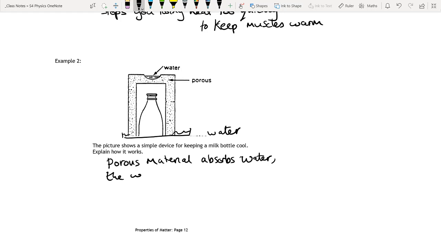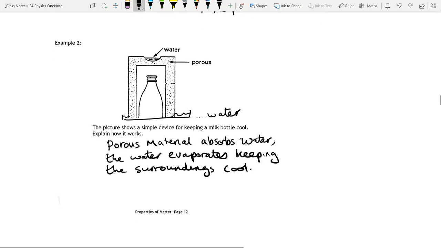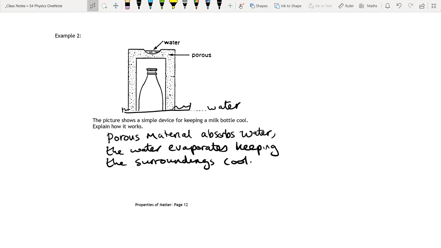The water evaporates, keeping the surroundings cool. Porous, yeah. Porous. Have you written this down?